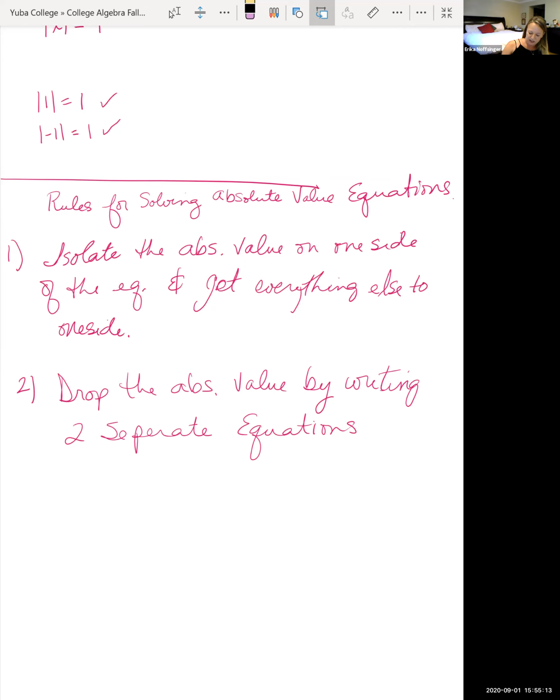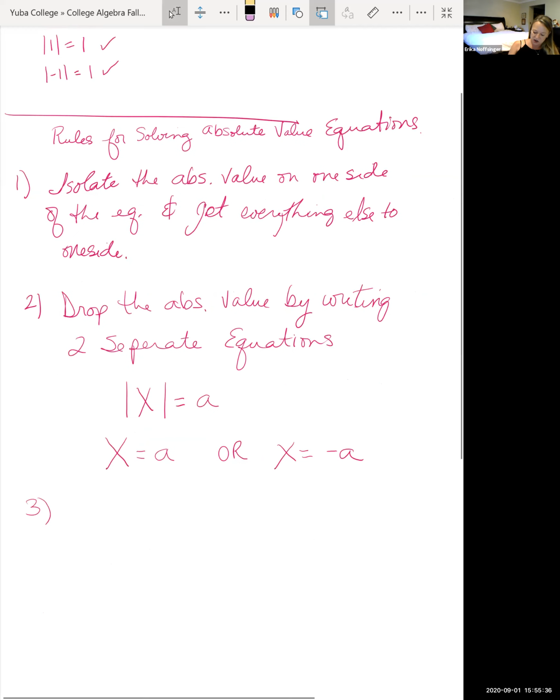So technically, if we had some absolute value of x is equal to a, to drop that absolute value, we have two separate things. We have x is equal to positive a, or x is equal to negative a. And then we're going to solve each equation separately.